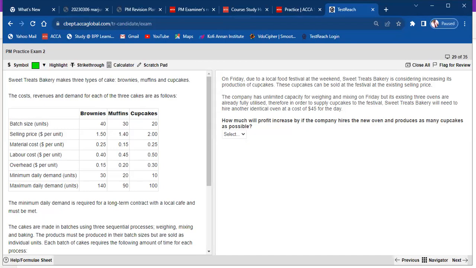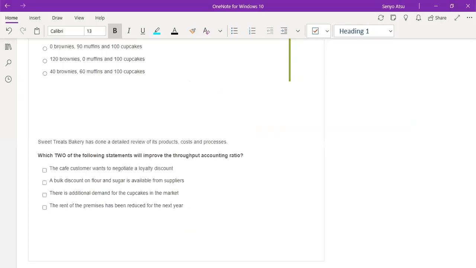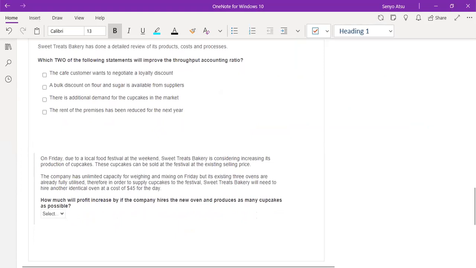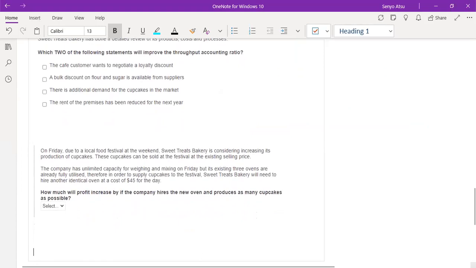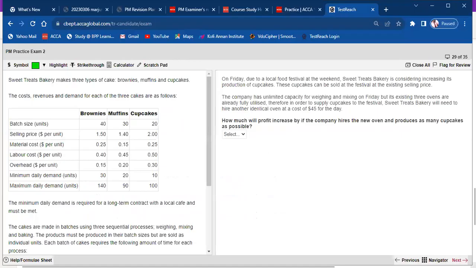Either way, it might not be worth doing. Start with. I'll come back later to it. Well, I need to be flagging things that I didn't do. Flag for review. Next.